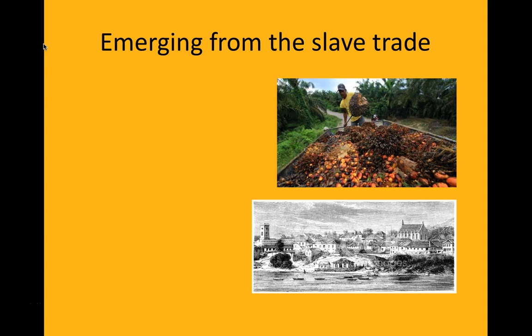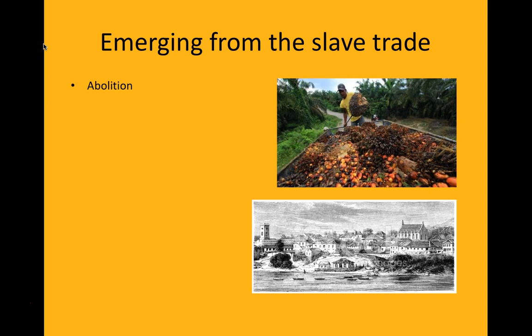That doesn't mean that the slave trade stopped with the turn of the year 1800. It certainly didn't. But the winds were blowing in a different direction, as it were, and Africa was feeling the effects of the abolitionist movements in Europe.